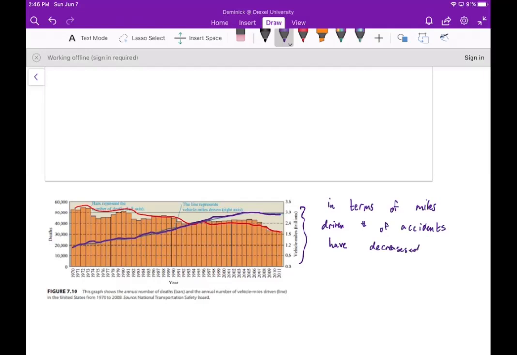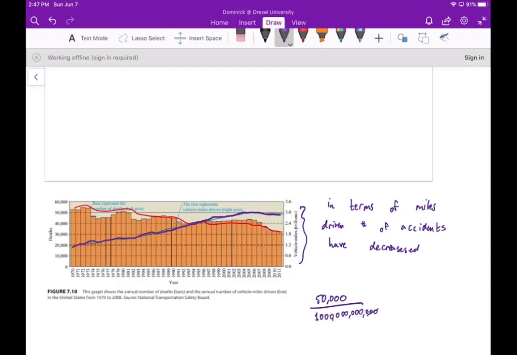Right, because for example, in let's say 1970, let's just say that we're at 50,000 deaths, and it looks like the vehicle miles driven was about 1 million. Oh, this is trillion, right? So it would actually be something like this.